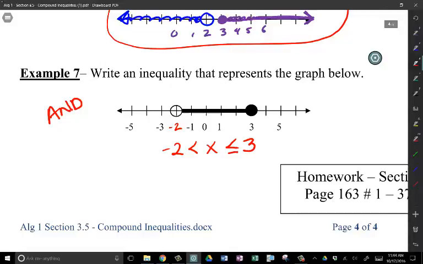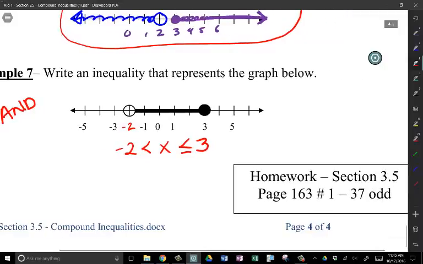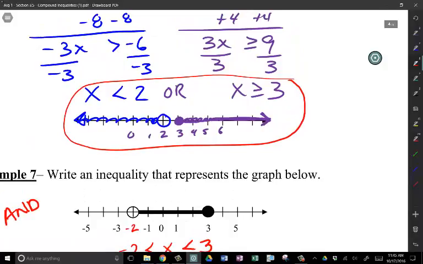All right, and it's a conjunction. Notice how many inequalities do we write a conjunction with? Just one. Caro, how would you know? Well, if it's shaded in between, it's going to be one inequality written just like this with a conjunction. If it's shaded out, then it's going to be an or statement.